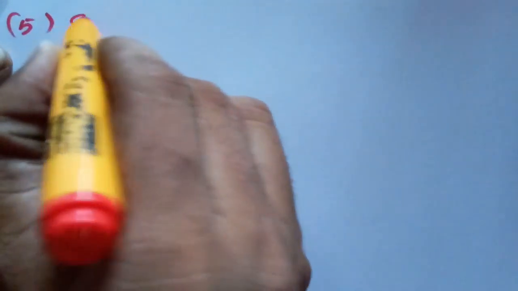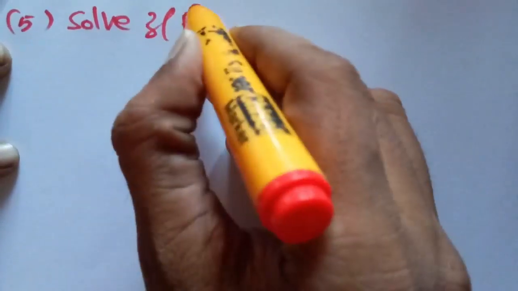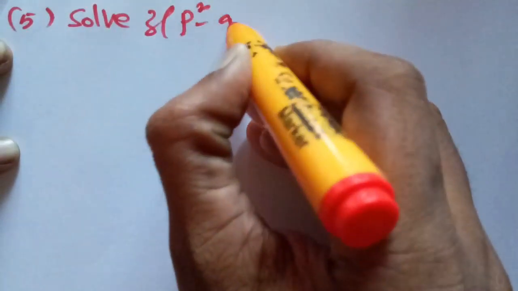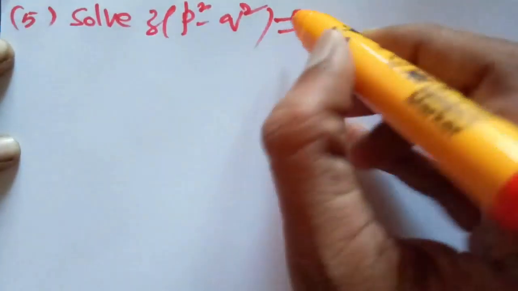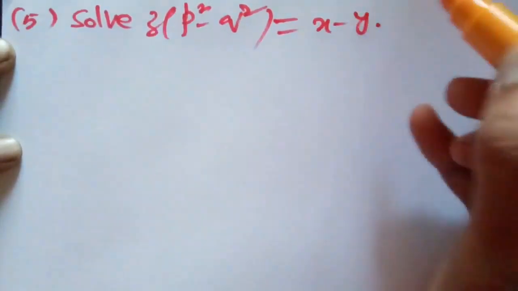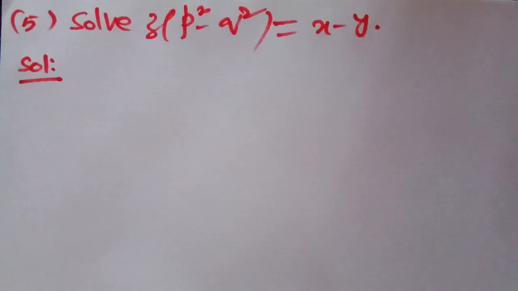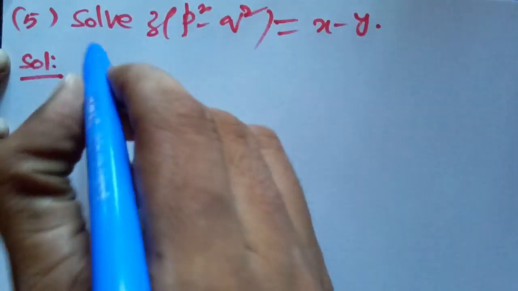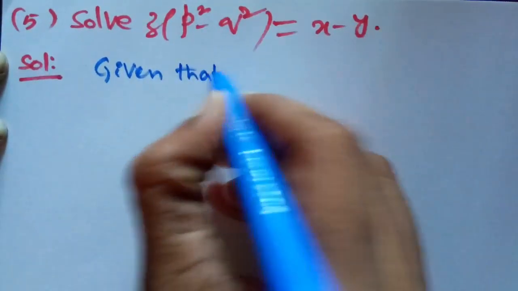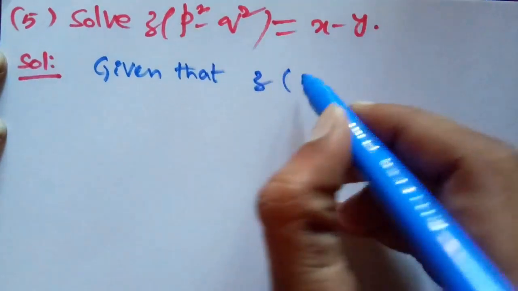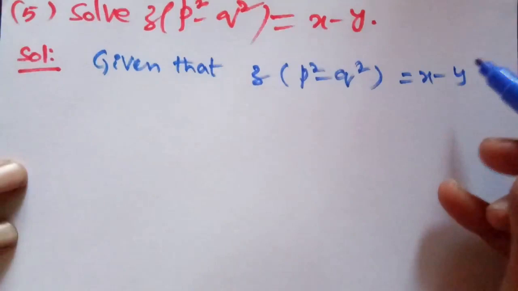Fifth problem. Solve z into p square minus q square equal to x minus y. Now write down the given equation. Given that z into p square minus q square is equal to x minus y.